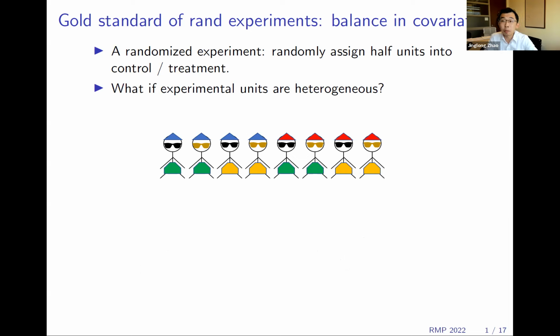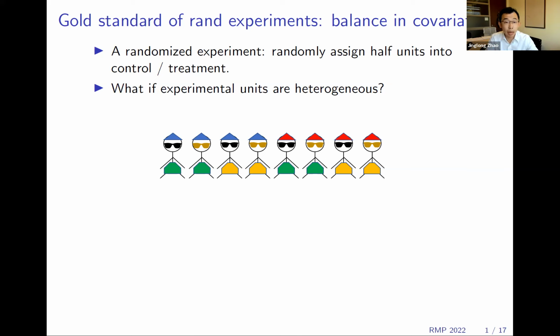Maybe on our platform, some of the users that you run experiments with wear different colored hats, different colored pairs of glasses, and different colors of pants. When this happens, and when you believe that these covariates are important to the observed outcomes, then you should try your best to balance the users in your treatment and control group.